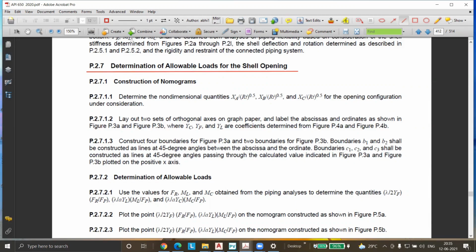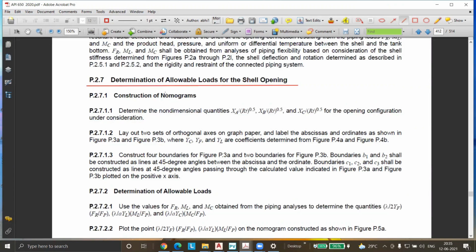Here we determine the maximum value of load which it can have. So there is a difference. So we are calculating the load, the three loads we saw: radial or axial load, and the two moments, longitudinal and circumferential. So these three things we will be calculating the value of.